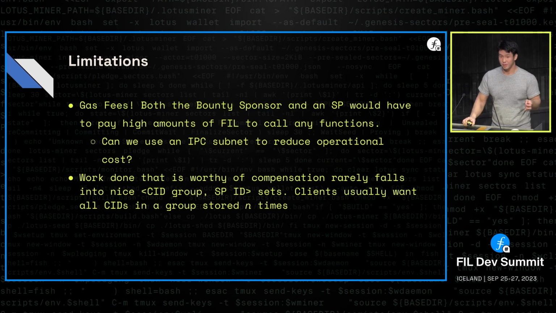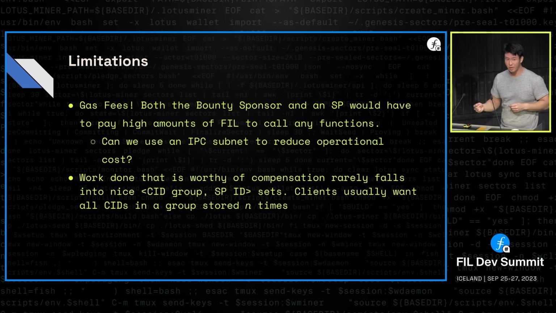Of course, this is still pretty nascent, so there are a lot of limitations to this. The first biggest limitation is that it's on the smart contracts. It's on the FVM. So that means that gas fees are really high for anyone calling it, both the client when they want to create the bounty and the SP when they want to collect the bounty.